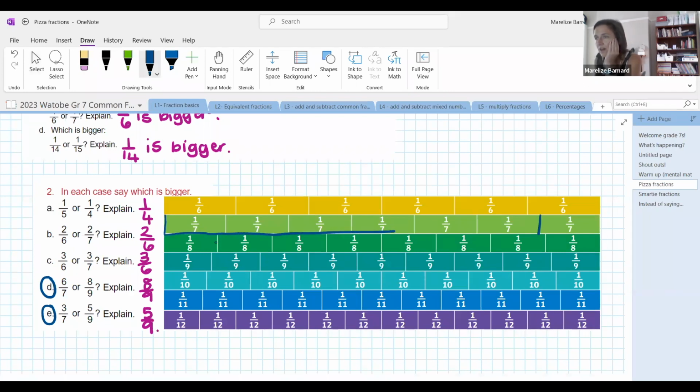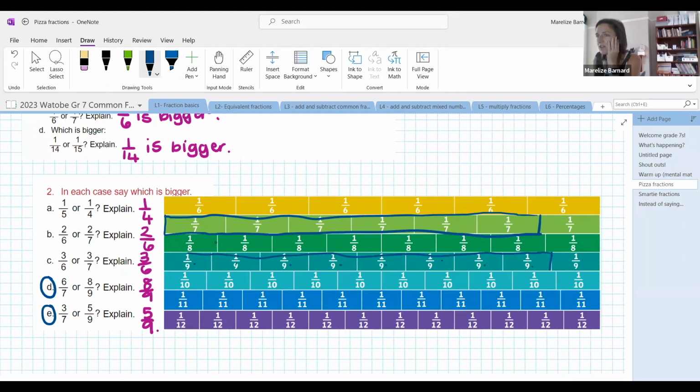Because we've divided this unit into 7ths. And if we then go to the 9ths and we look where 8/9 are, 1, 2, 3, 4, 5, 6, 7, 8. There we go. It's like there.